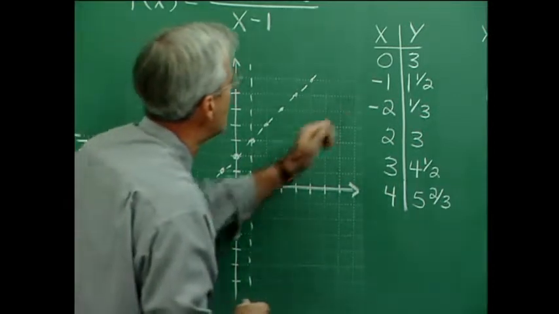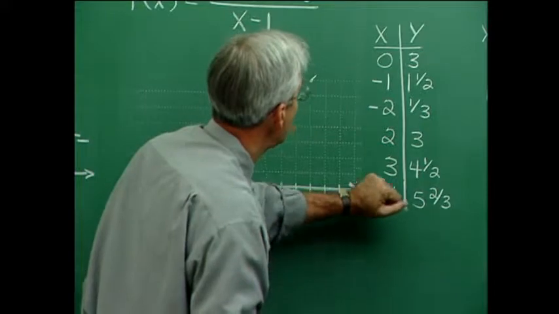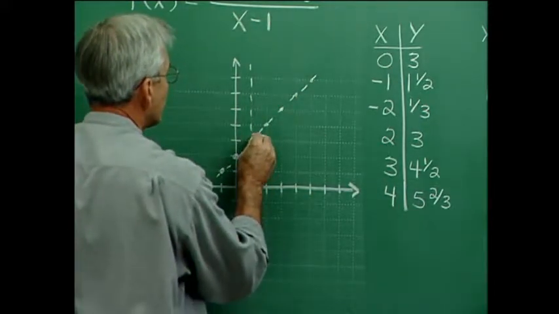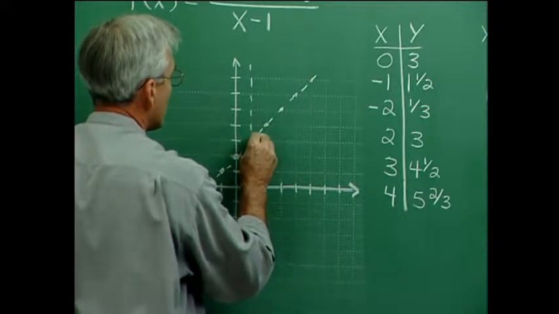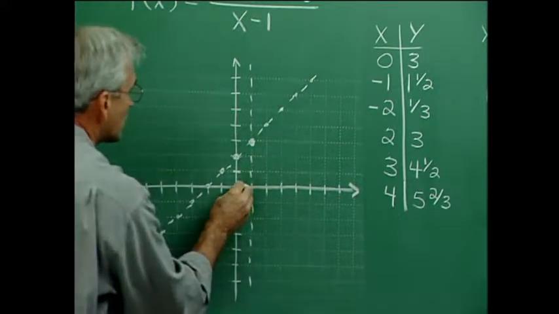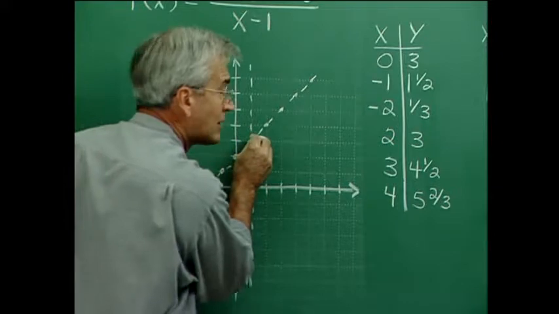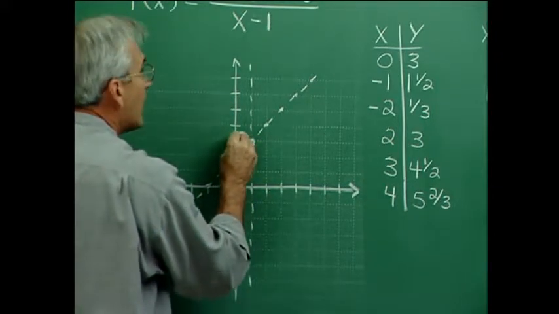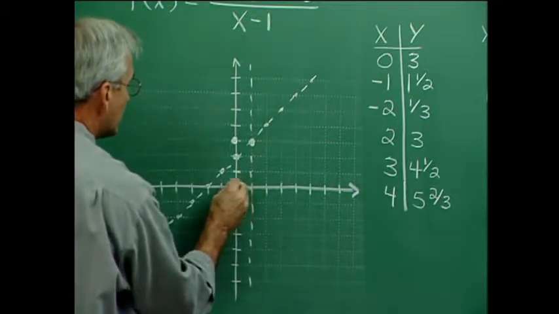Let's see what happens. I've made a table of values here, and 0 goes to 3. Oops, 0 goes to 3. I knew it couldn't possibly be right on top of the asymptote here. 0 goes to 3, and negative 1 goes to 1.5.